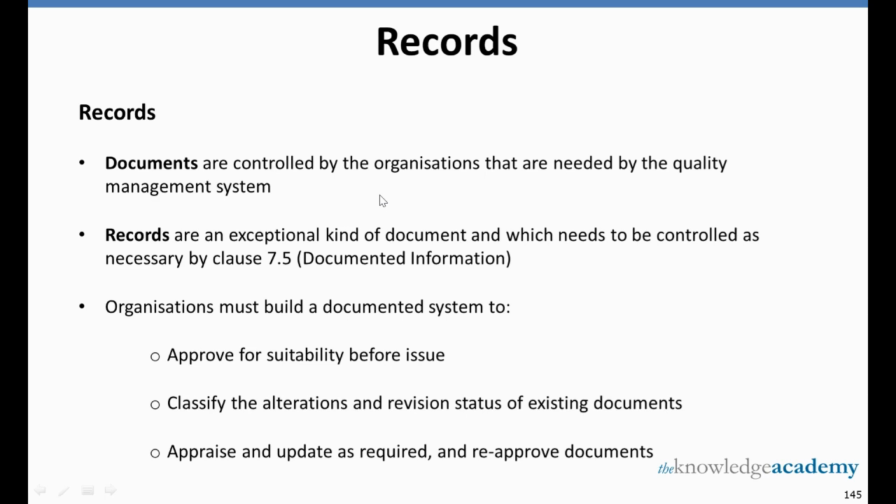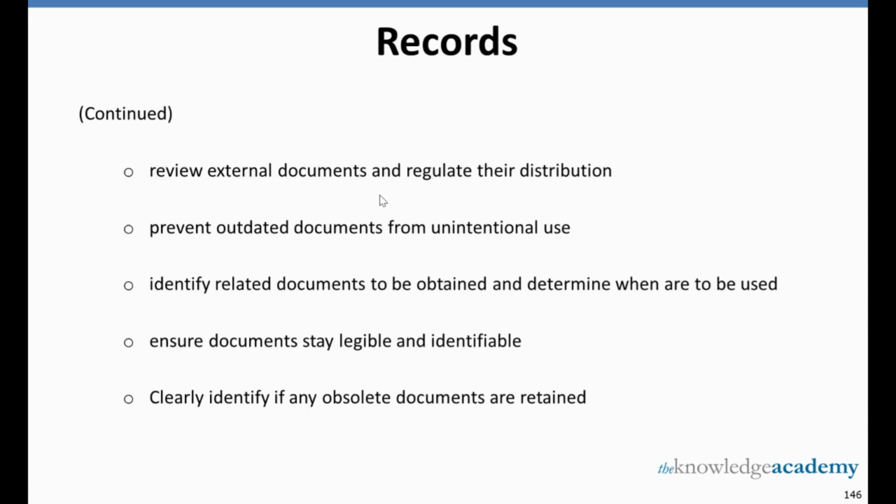Then these documents are controlled by the organizations as needed by the quality management system, whereas records are an exceptional kind of document which need to be controlled as necessary by clause 7.5, that is documented information. So organizations must build a documented system to approve documents for suitability before issue, classify the alterations and revision status of existing documents, appraise and update as required and reapprove documents.